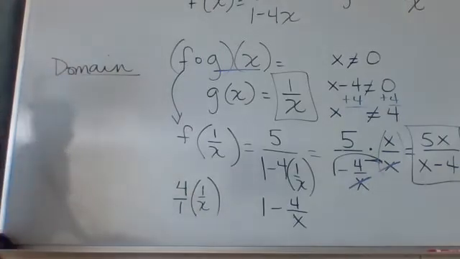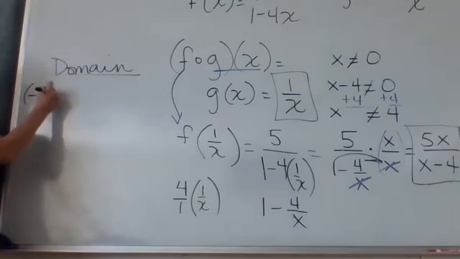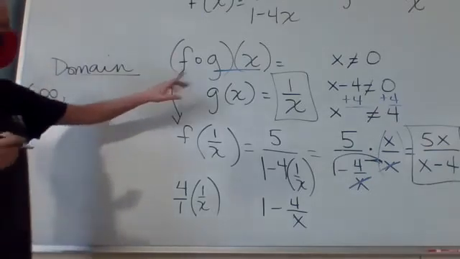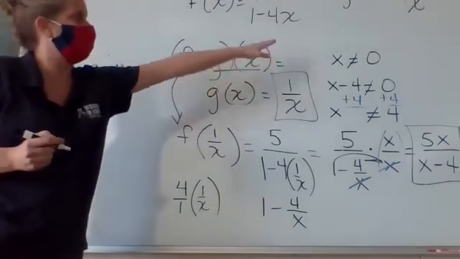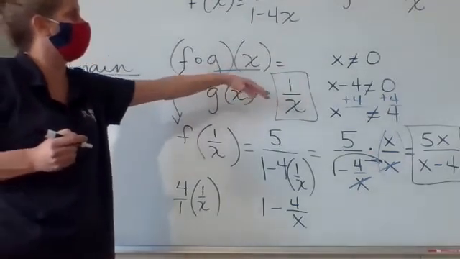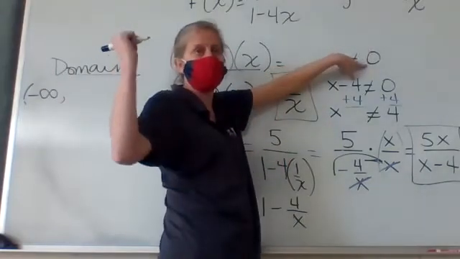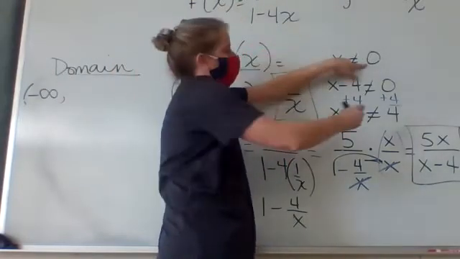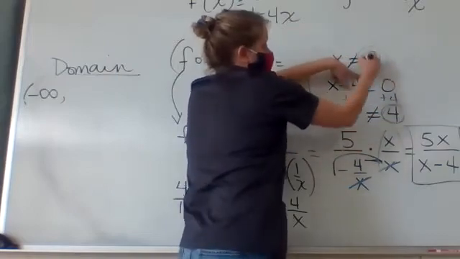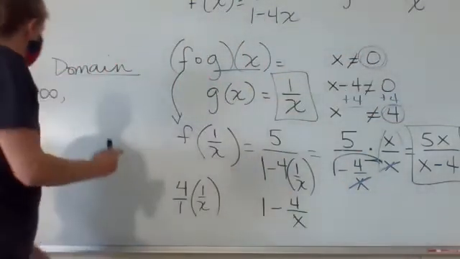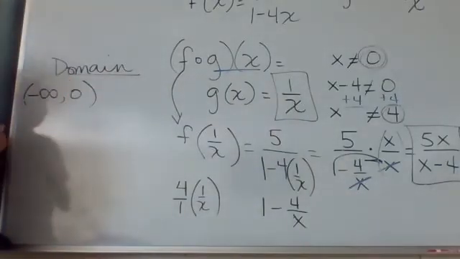So that's where I'm going to start. Now, I want to end at positive infinity, but I want to leave out 0 and 4. So the first thing I'm going to leave out is the 0, because if I'm starting at negative infinity, the first number that I'm going to come up to on the number line is that 0. So that's how I want to write it, negative infinity to 0.